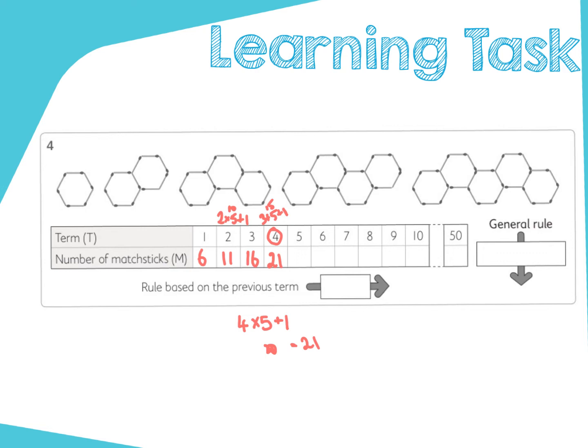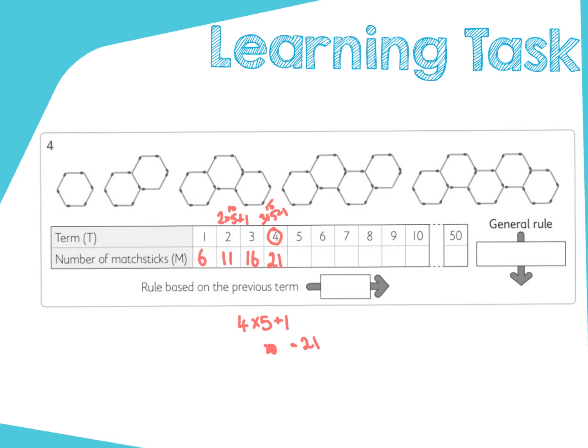Let's count how many to see whether our general rule is right. 1, 2, 3, 4, 5, 6, 7, 8, 9, 10, 11, 12, 13, 14, 15, 16, 17, 18, 19, 20, 21. So we know that if we times our term by 5 and add 1, that's going to give us the answer.